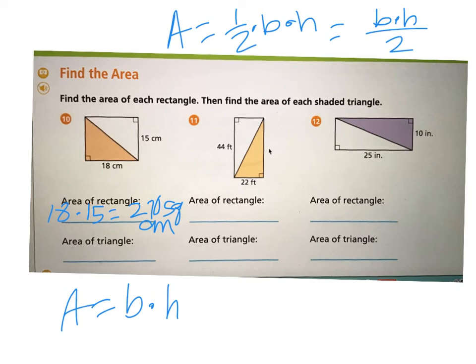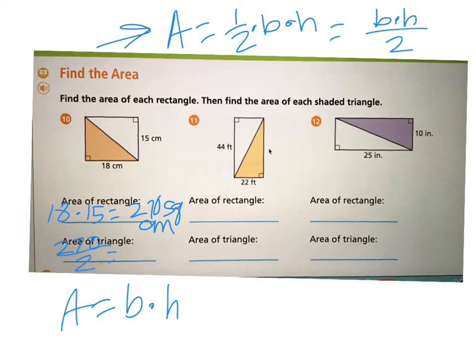Now all you have to do is take half of the area of the whole rectangle. Remember, the area of one triangle is half times base times height. I already know that base times height is 270, so I can just divide it by 2.